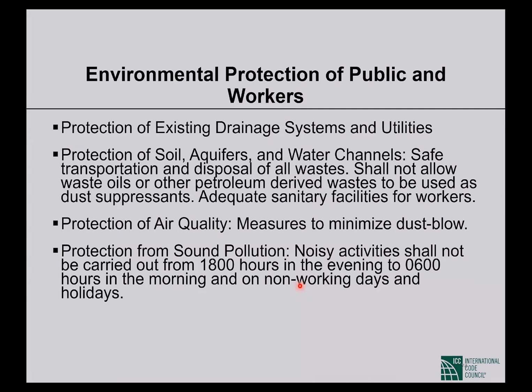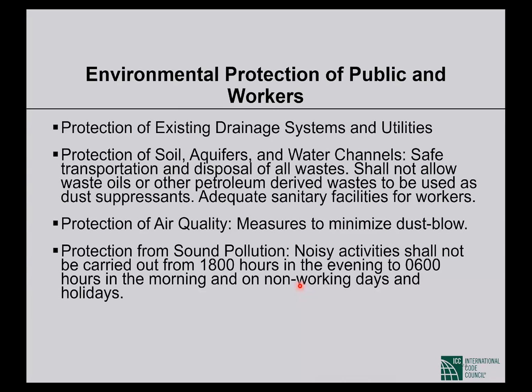Environmental protection of public and workers, protection of existing drainage system and utilities. This is very important. While constructing a new structure, if you damage the existing drainage system, that may cause a really big problem for the public, for other people. So you have to protect the existing drainage system.